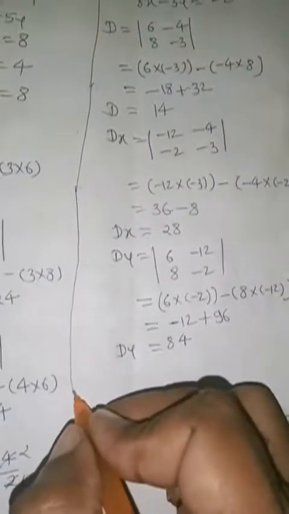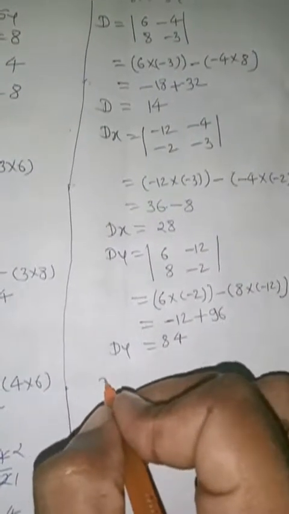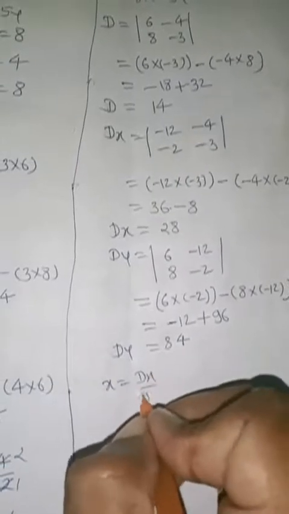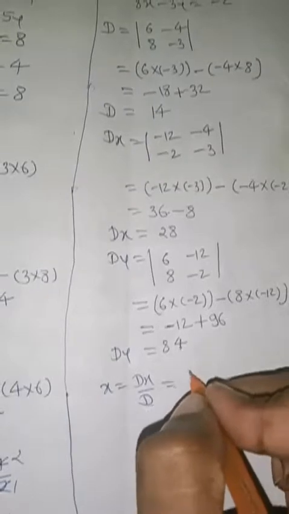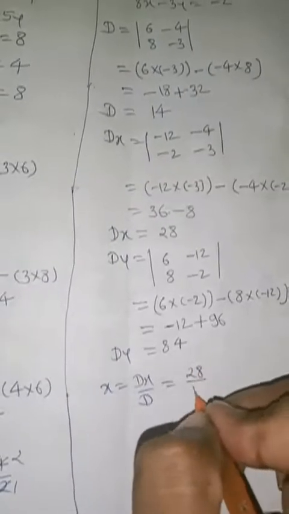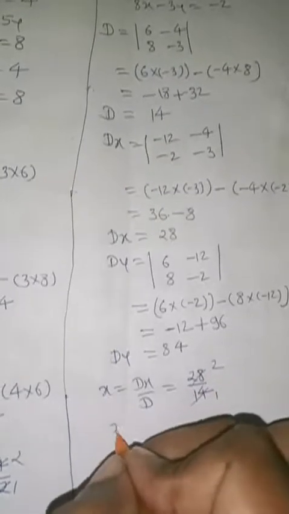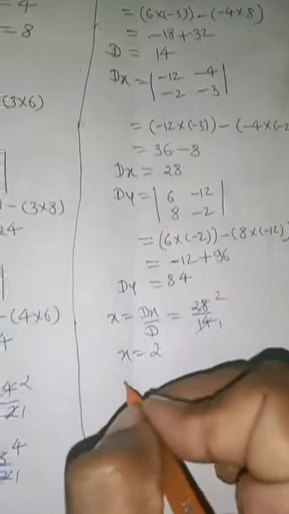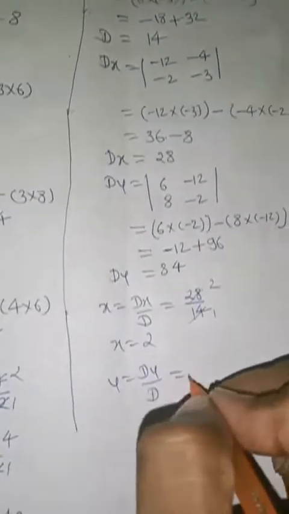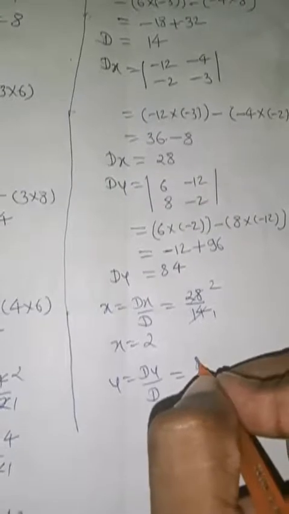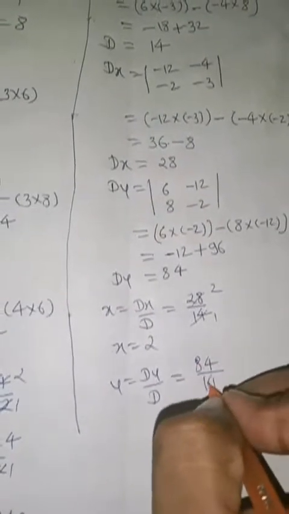Now next we have to find the value of x and y. We know that x is equal to Dx upon D. Value of Dx is 28, value of D is 14. 14 twos are 28. Therefore x is equal to 2. y is equal to Dy upon D. Dy is 84 upon 14.